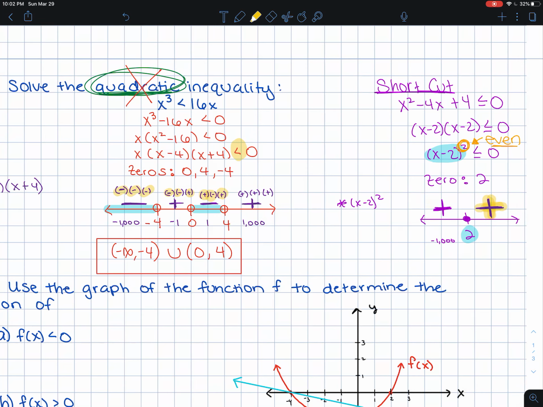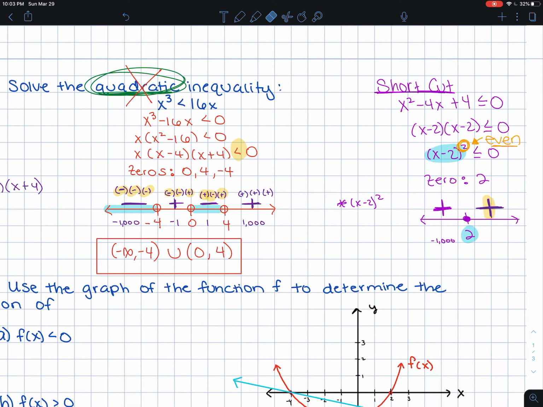So if you think about that for a second, if the power is even, the sign is not going to change, right? So let's say that the previous interval was negative, then so will be the following interval. Okay, so if the power is even, the sign stays the same. By the way, let's finish this problem real quick because I didn't finish it. So in this case, what do I shade?